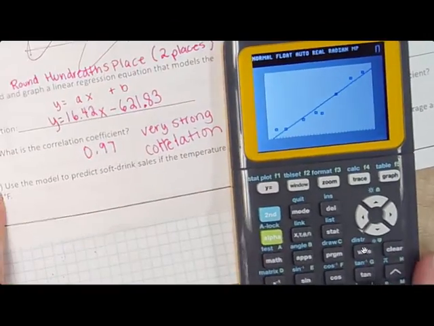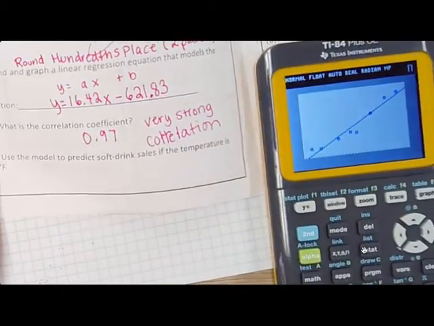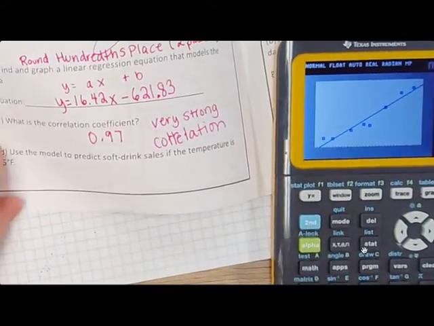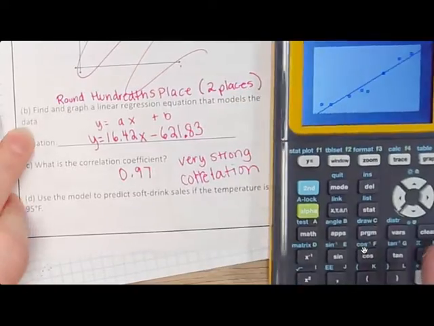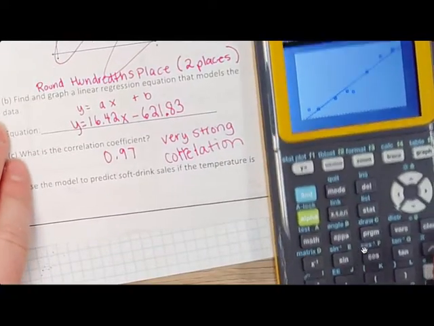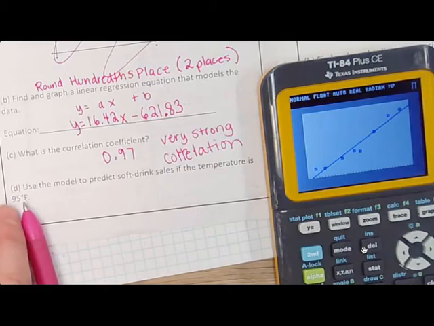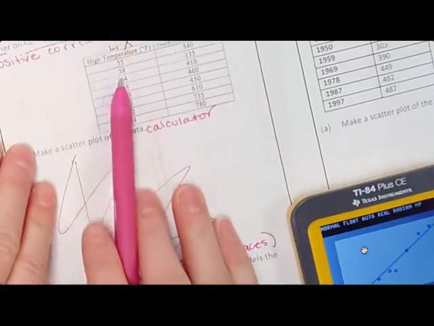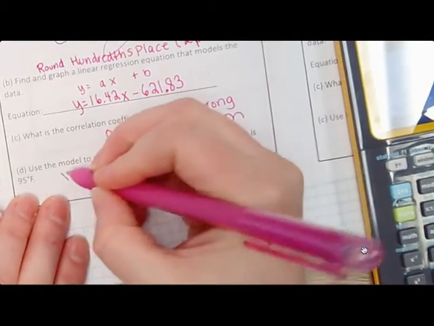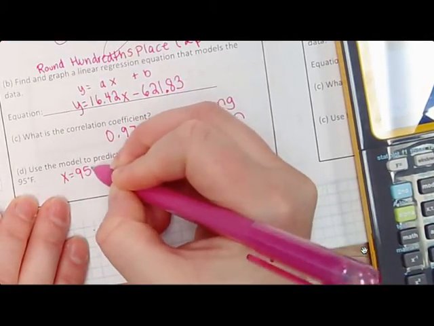Okay, so then part D says use the model to predict soft drink sales if the temperature is, what does it say, 95. Okay, let me show you something really cool that our calculator can do here too. So remember how the temperature is our x values? So that means I want to find out what does y equal when x is 95 degrees.